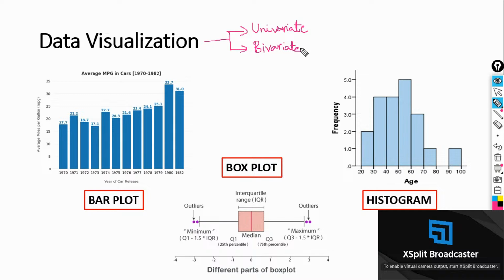What do you mean by univariate and bivariate visualizations? Come on, friends. What is the meaning of univariate visualization and bivariate visualization? We discussed this word univariate.